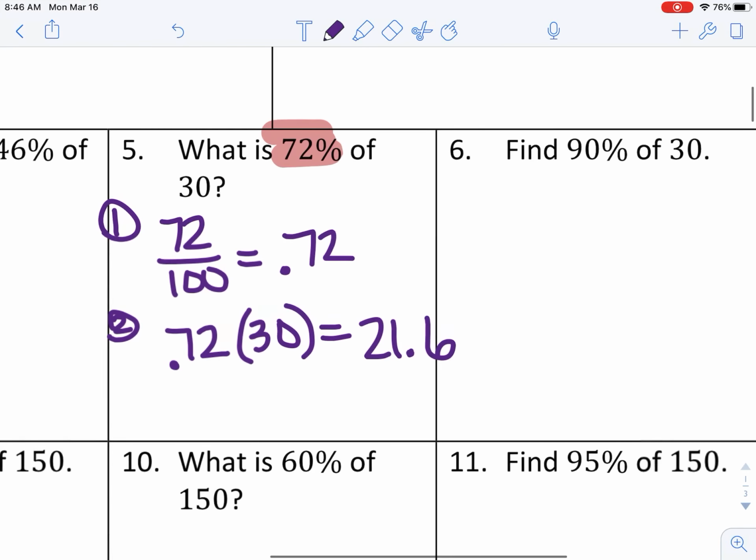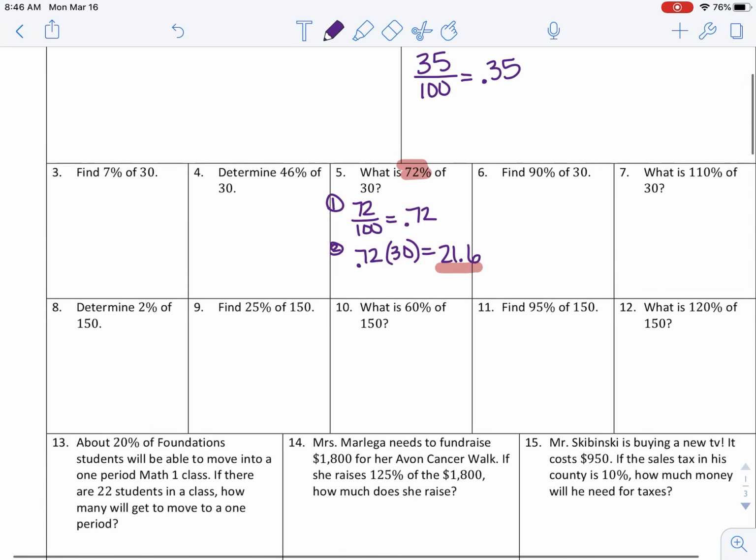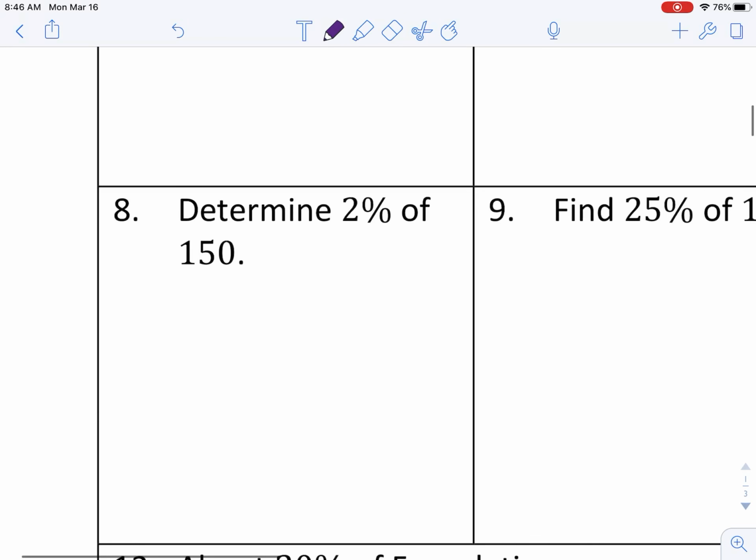Because 72 is a bigger percent, that means the number here should be closer to 30. If it's a small percent, for example, like 2%, 2% is not very large. So therefore, your answer should not be that big compared to 150.